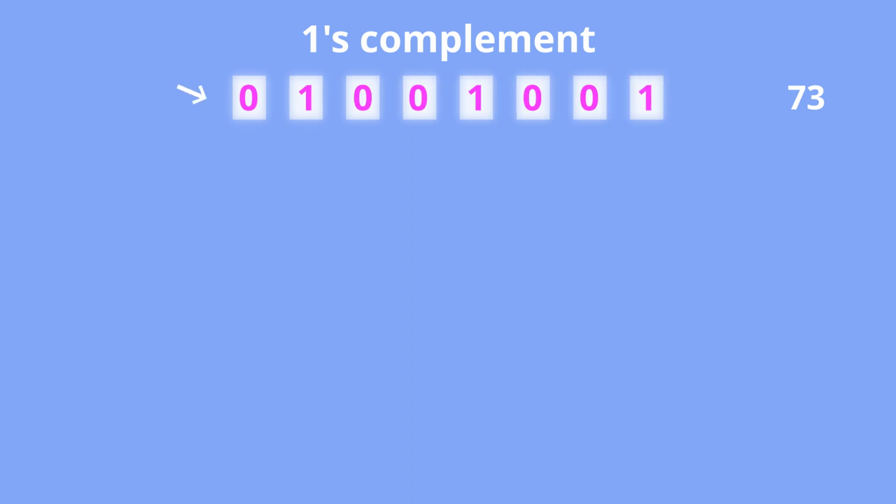To represent a negative number, we need to take all bits of a positive number, including MSB, and invert them. In other words, we need to change all zeros with ones and all ones with zeros. For example, this is number 73 in the 8-bit 1's complement binary number representation. To obtain -73, we invert all bits, including MSB.